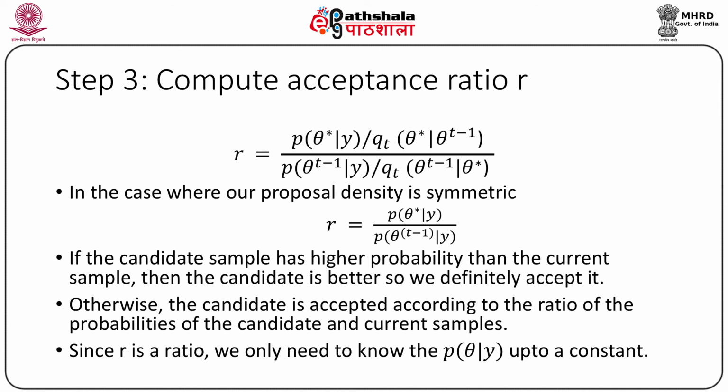Otherwise, the candidate is accepted according to the ratio of the probabilities of the candidate and current samples. Since r is a ratio, we only need to know the posterior distribution of theta given y up to a constant. That means evaluation of the normalizing constant is not needed.